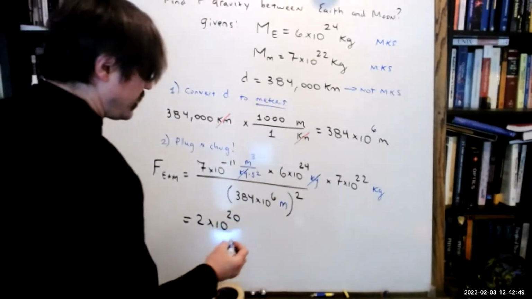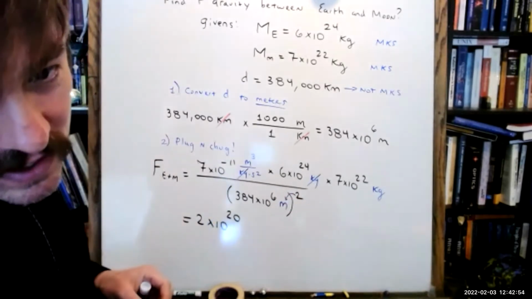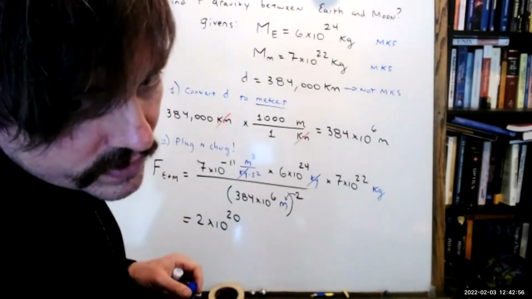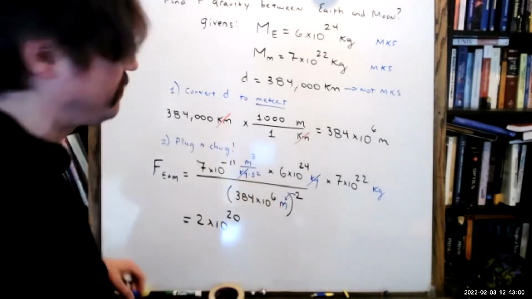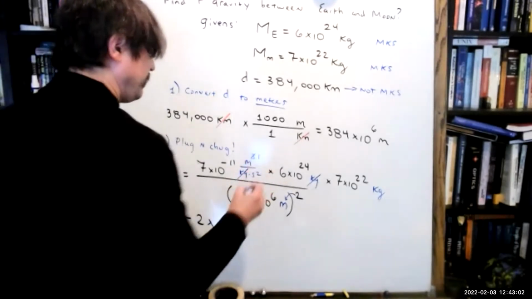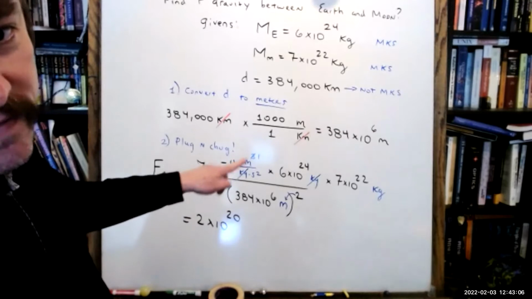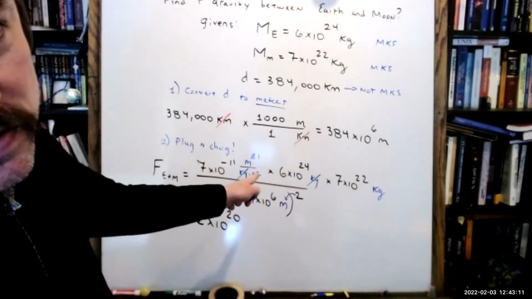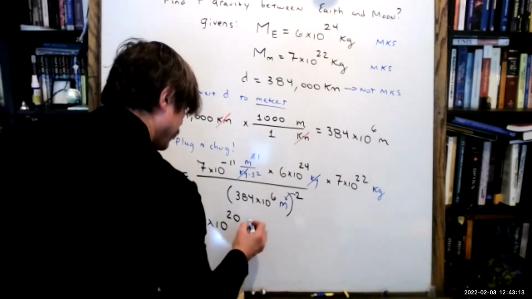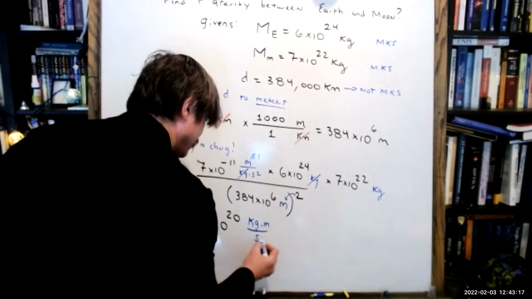But remember, you have to distribute the square to the meters as well as the number, right? So 3 meters and 2 meters at the bottom leaves you just a single meter to the 1. So we have a meter and a kilogram on top, and a second squared on the bottom. So that's kilograms times meters over second squared.